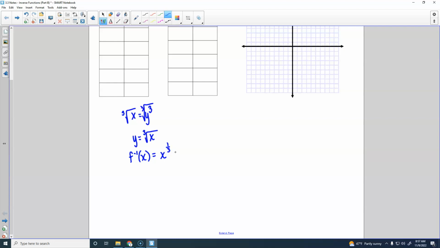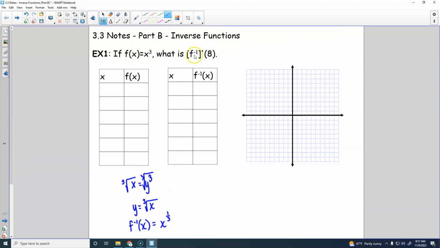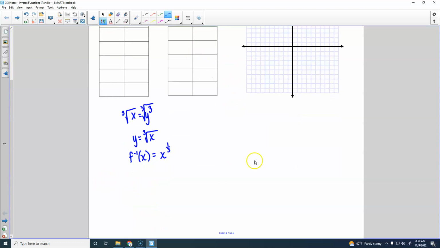Okay, so it's asking me to find the derivative of f inverse at 8. So if I find the derivative of this, the notation looks like this, f inverse, and then we put brackets around it and put a prime out here. That tells me I'm taking the derivative of the inverse of x.